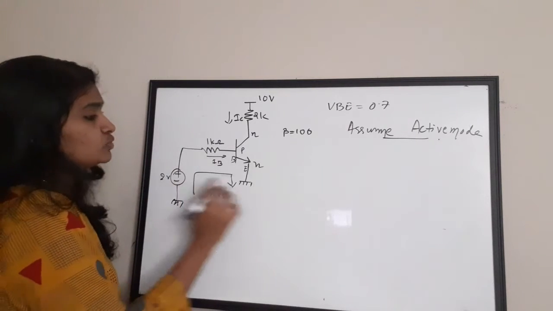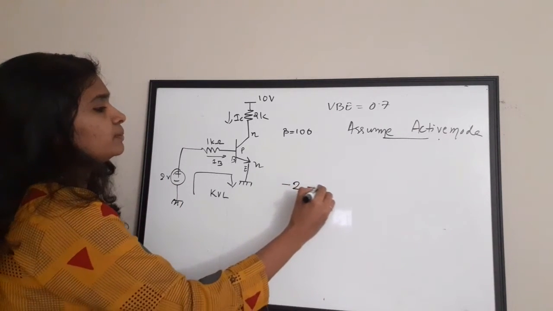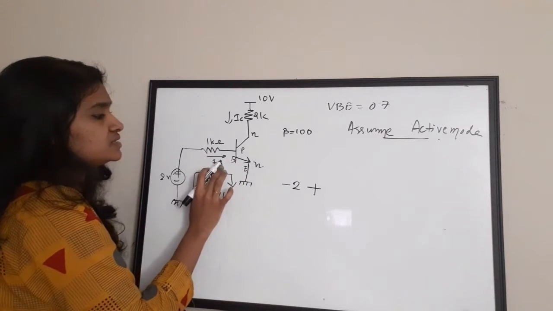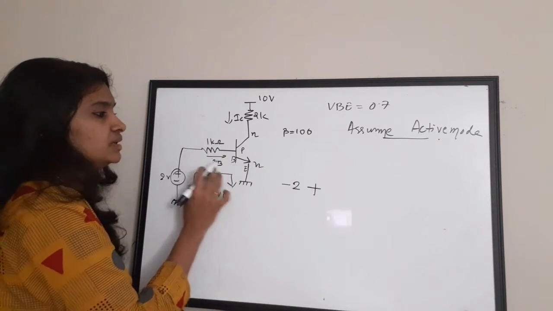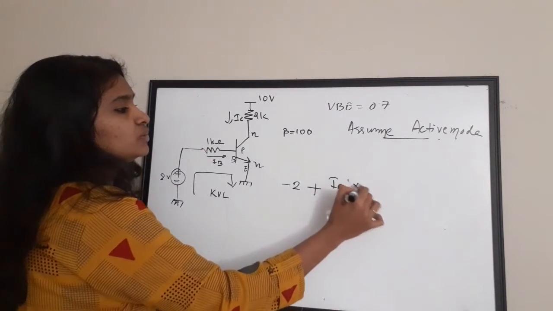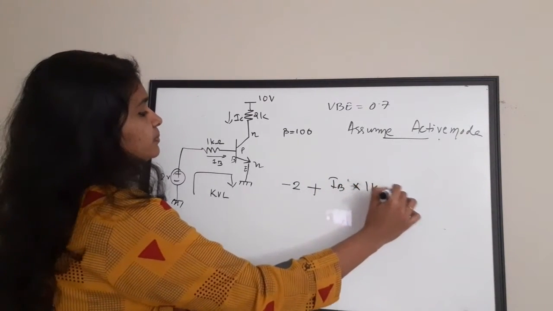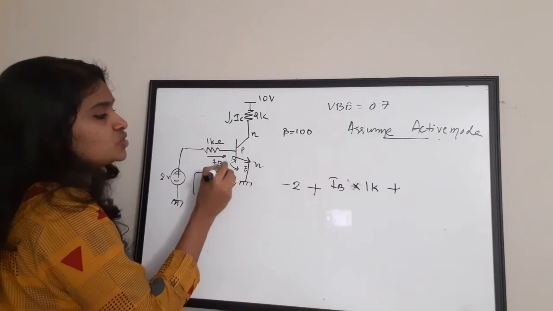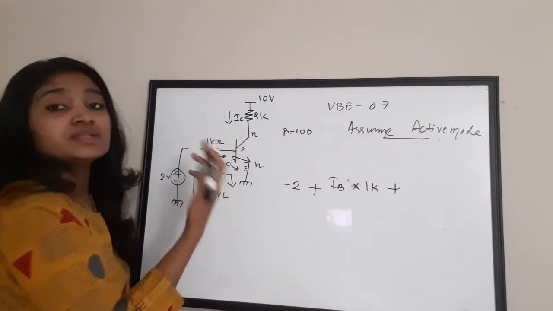There is a voltage of 2 volts, so minus 2, plus IB into 1K, plus the voltage drop of 0.7.